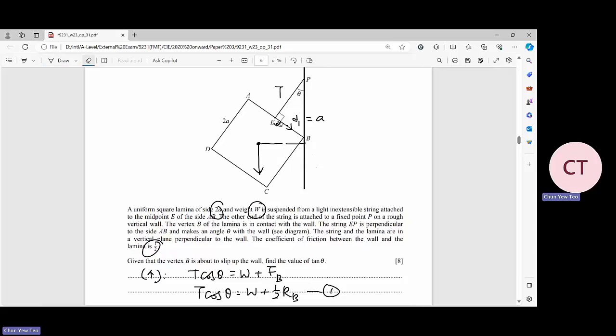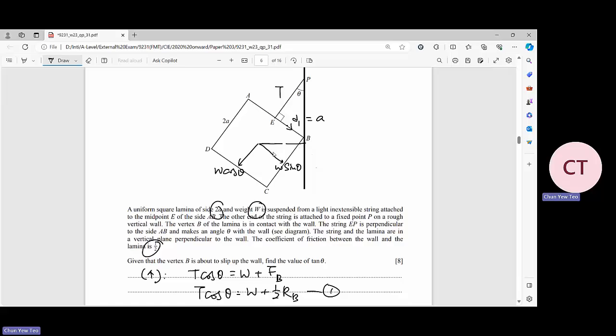So you can actually resolve the force W. You make it like this: this force is W cos theta, and this force will be W sin theta. Then from here, you have one force, you make it become 2 forces.